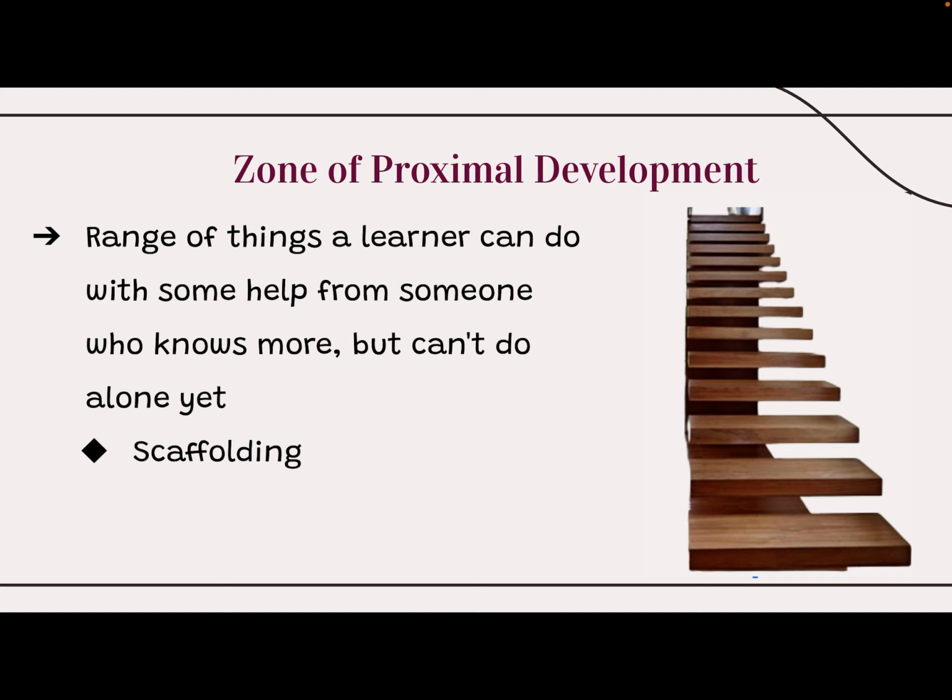And the top step represents what students are not able to do yet, even with help. Those are going to be tasks that are too challenging for them. So we want to focus on those middle steps because those middle steps represent the zone of proximal development. That's where teachers want to focus on teaching because those are the things that students are ready and able to learn right now with proper guidance, with proper scaffolding.